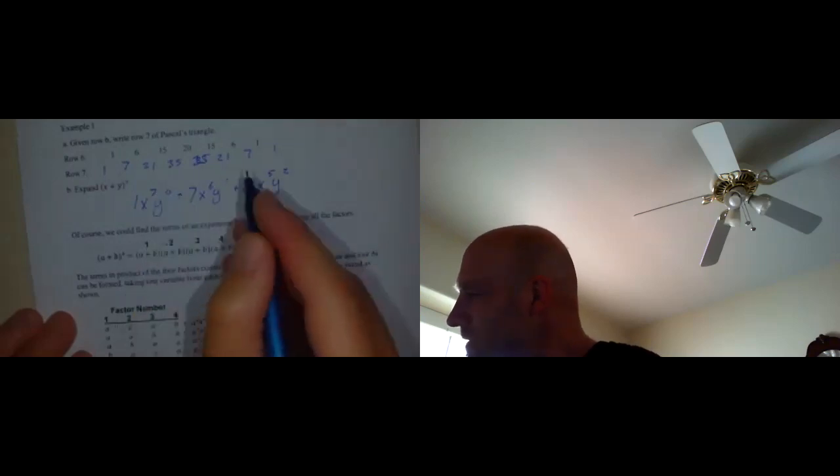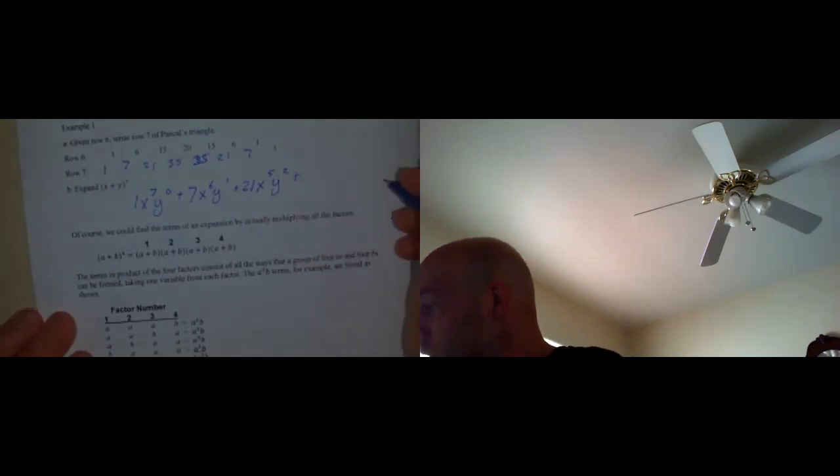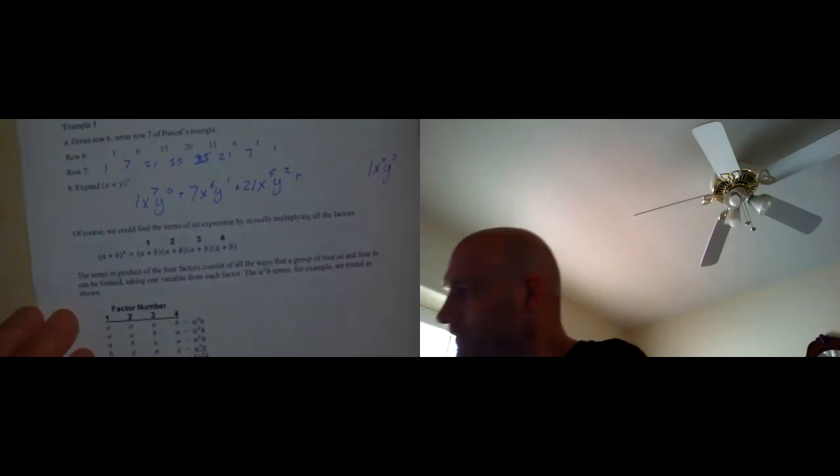By the way, 7 plus 0 is 7, 6 plus 1 is 7, 5 plus 2 is 7, plus, I'm going to hit the dot, dot, dot. My last term is going to be a 1, x to the technically 0th, and y to the 7th.